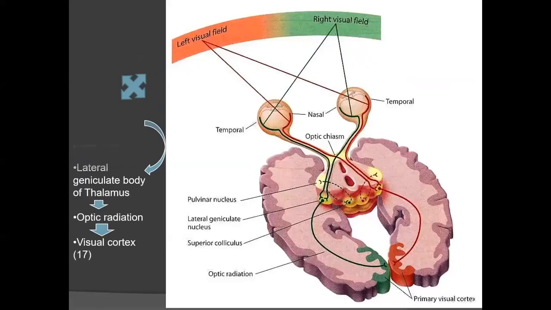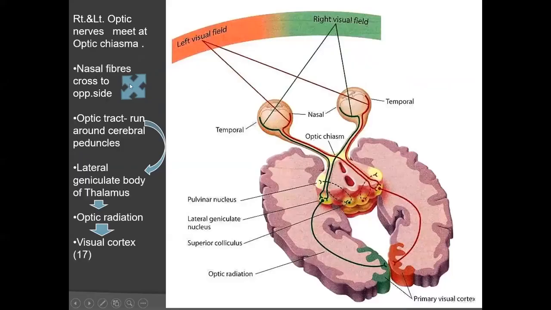And thereafter, at the optic chiasma, the medial fibers, which we call the nasal fibers, will decussate or cross to the opposite side. And the lateral fibers, which are called the temporal fibers, do not decussate, do not cross, they continue on the same side.